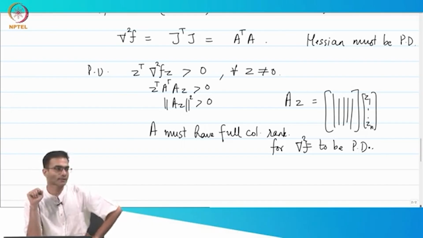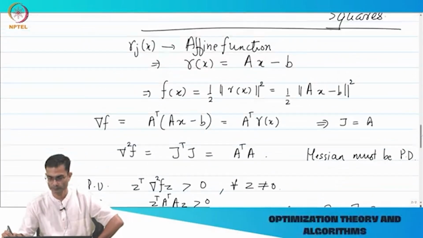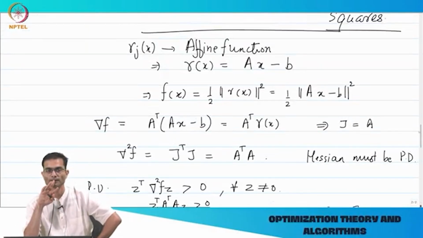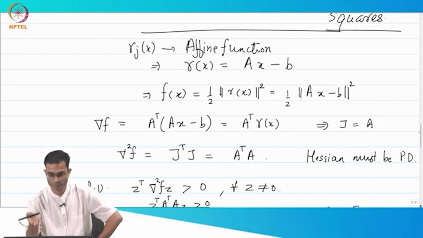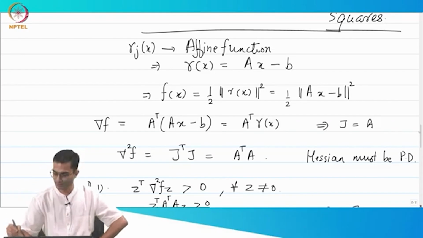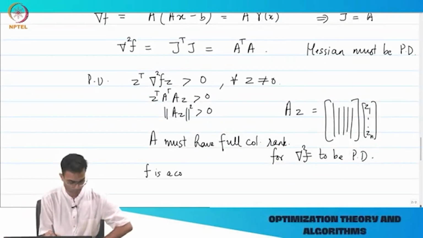Assuming this is the case, is f a convex function? Hessian is positive definite. Clearly you can see it's a convex function, right? So f is a convex function.